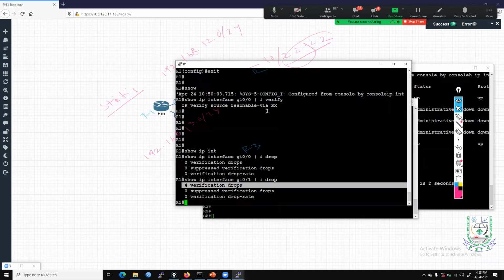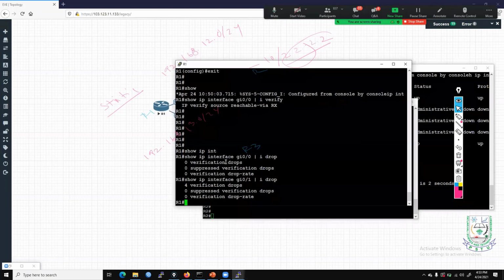So we already said the verify command on the interface checks the source IP address in the routing table and whether the source address coming into the destination is on the same path or not. If it meets those criteria, then the packet will be forwarded.